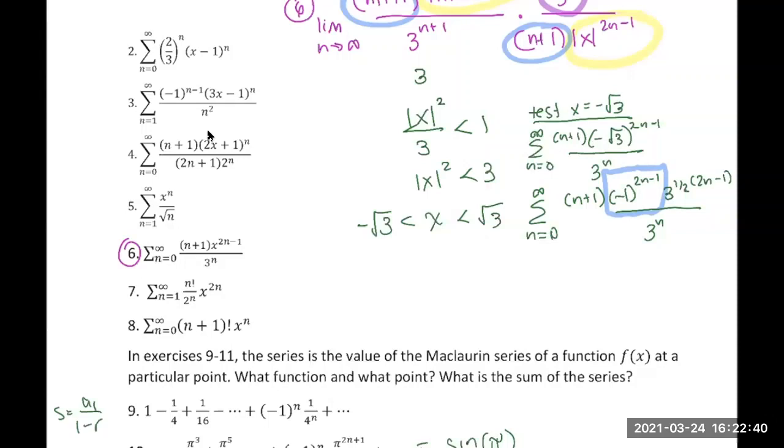Min and Tessa, are you sure? Try again, Min and Tessa. Plug in 1, plug in 2, plug in 3. Lucas, that's right.